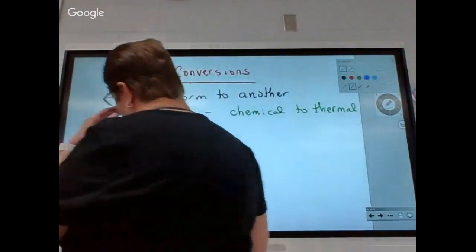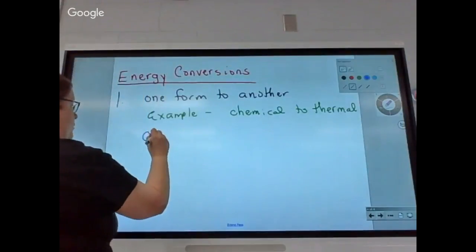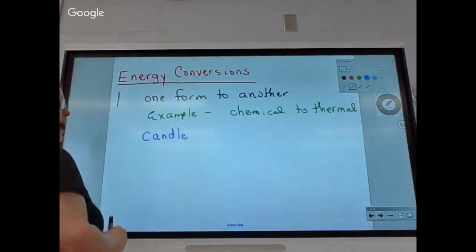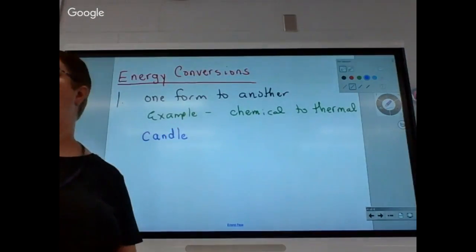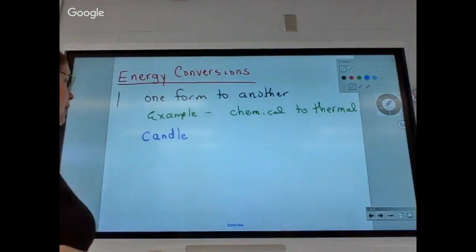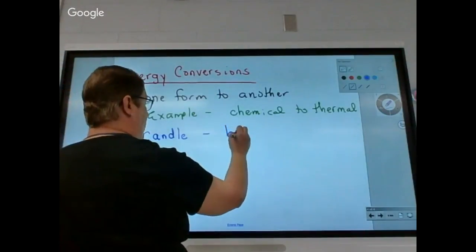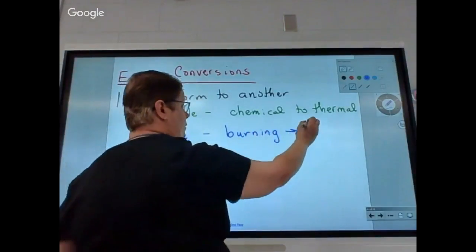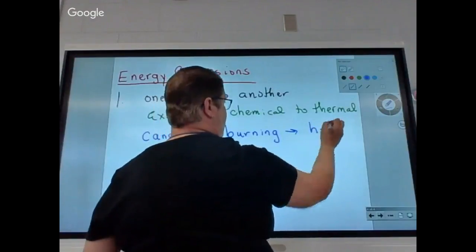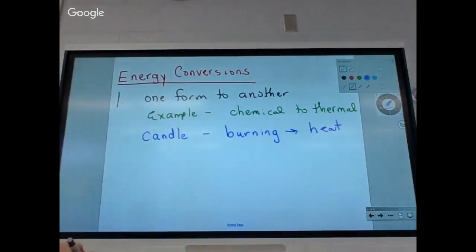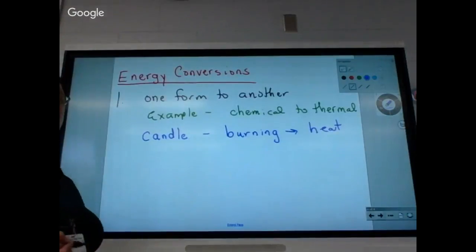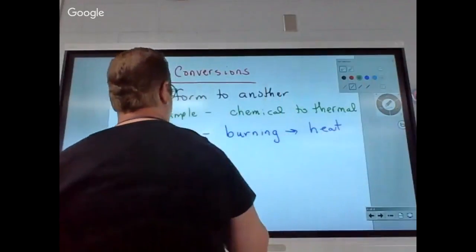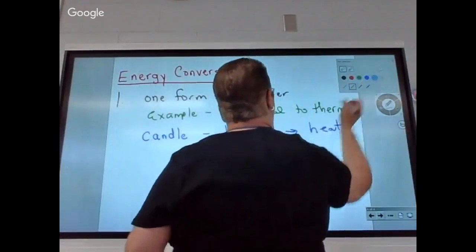And the example that you guys just looked at was a candle. So, how is a candle going to be chemical to thermal? Well, it starts by burning, and if something is burning, it changes into what? It changes into heat, okay? That is an example of an energy conversion. Now, lots of us like to think about cell phones.